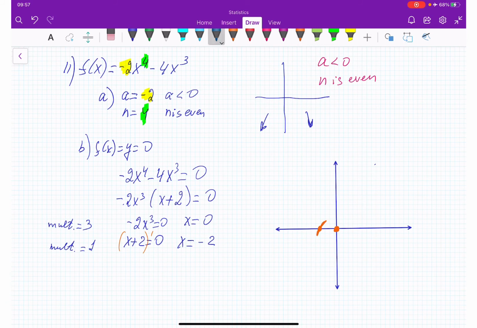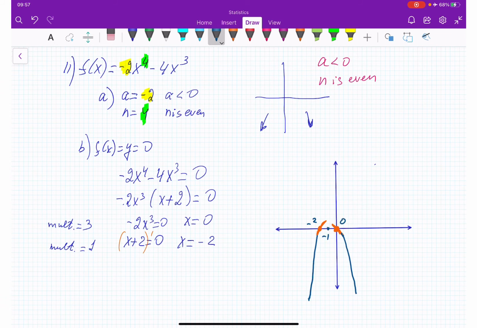Yes. Now, since the other end behavior is also going down, from x equal 0, it's also going to go down. And it's going to go like this. Okay. Well, and this one we can calculate where it's going to be. This is negative 2, this is 0. We can take negative 1.